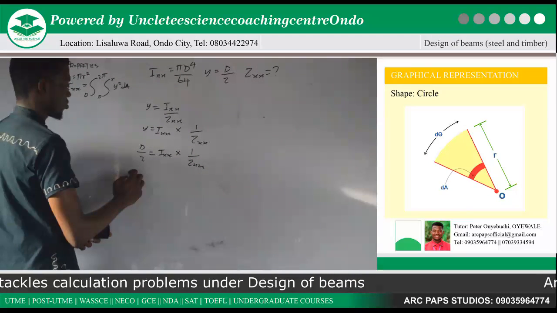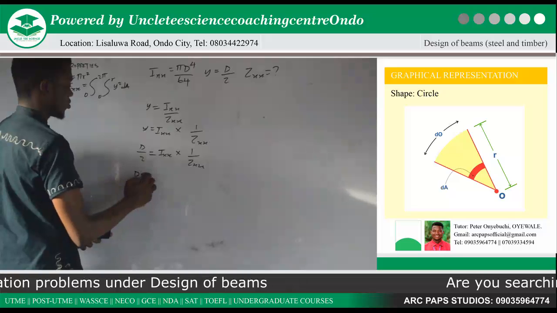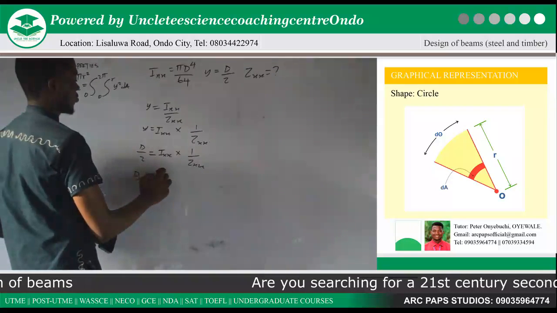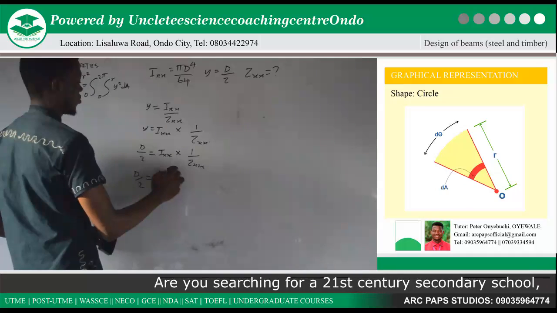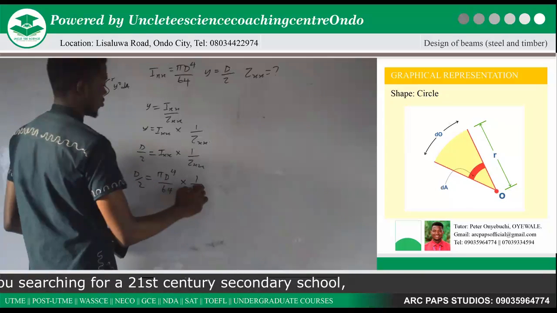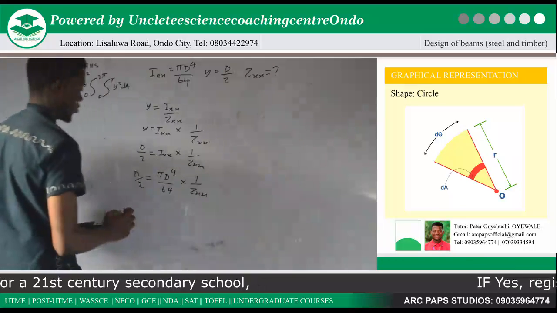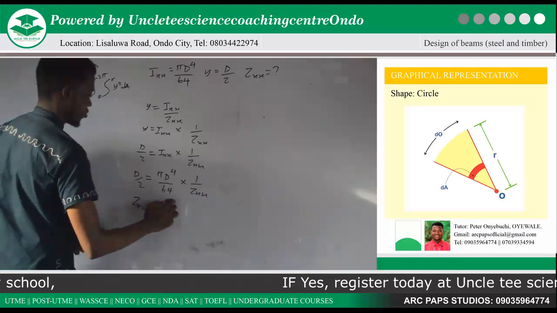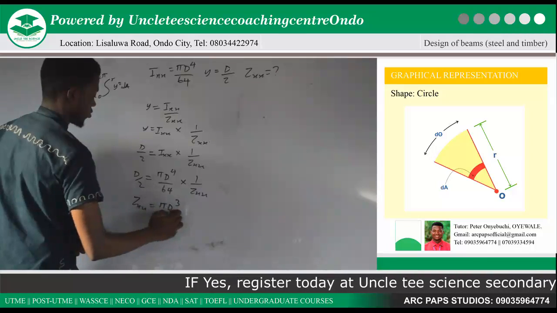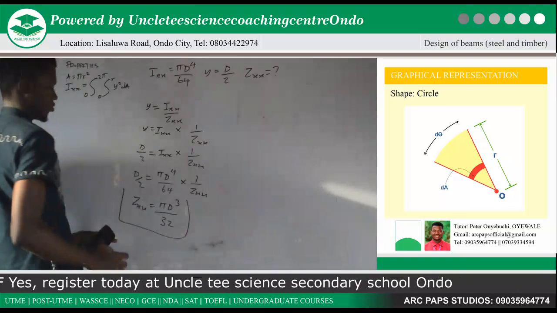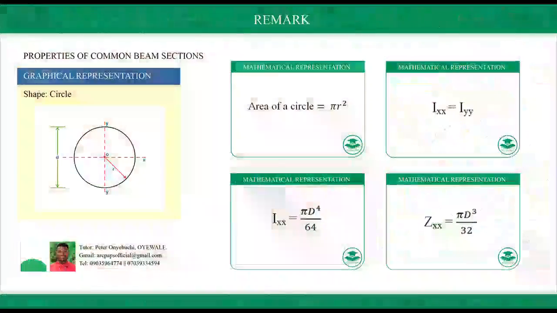Now this is d over 2 is equal to our Ixx, which is pi d raised to power 4 divided by 64, times 1 over Zxx. Now if we cancel d from both sides, it means our Zxx will give us pi d raised to power 3 divided by 32, which is our sectional modulus for a circle.